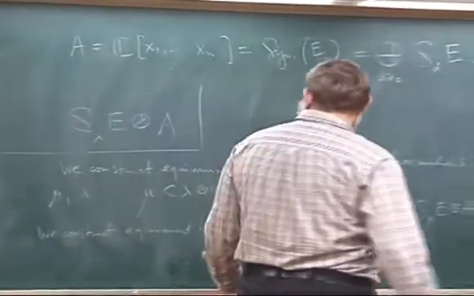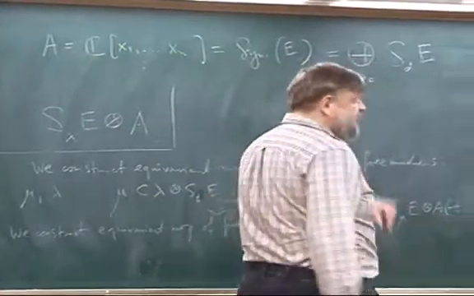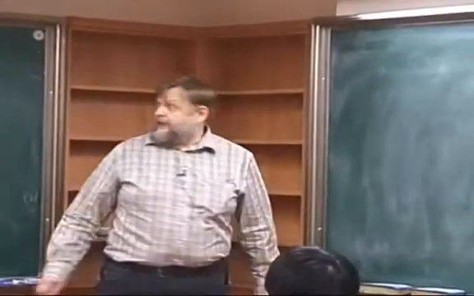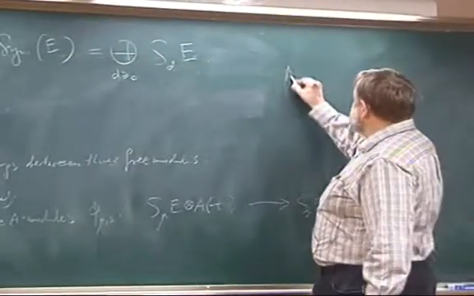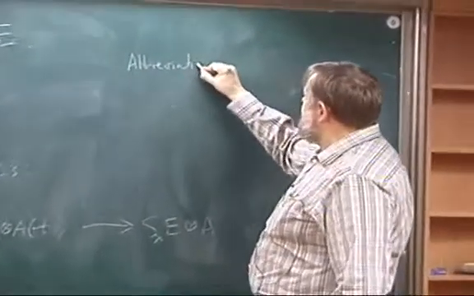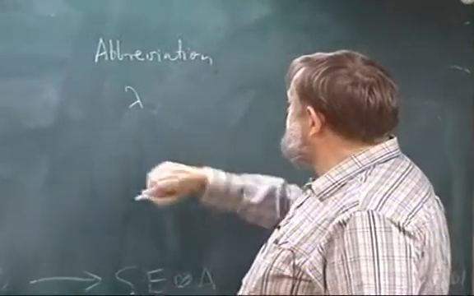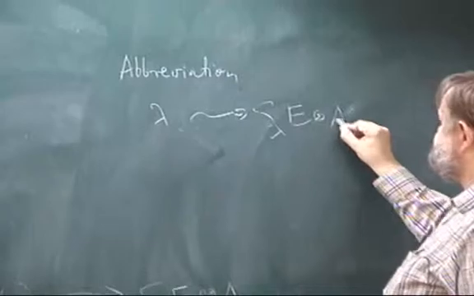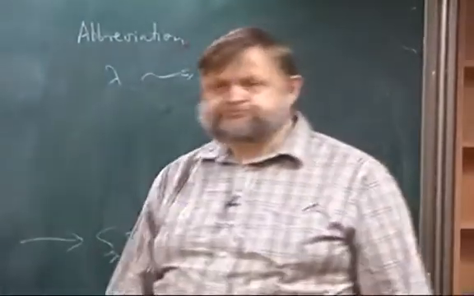Then one just needs to fill in some details to prove it, and from the example it will be clear what the complex is. Okay, so I'll abbreviate. Well, if I just write lambda, it's really my S_lambda E tensor A. Okay?